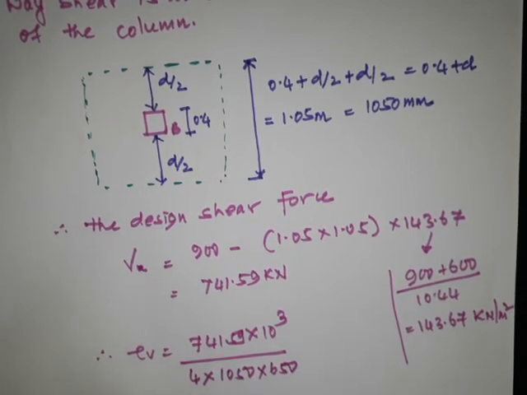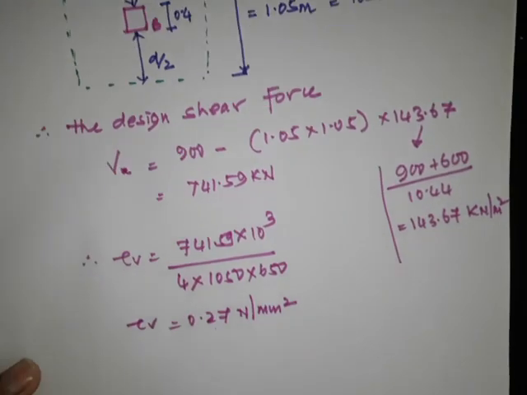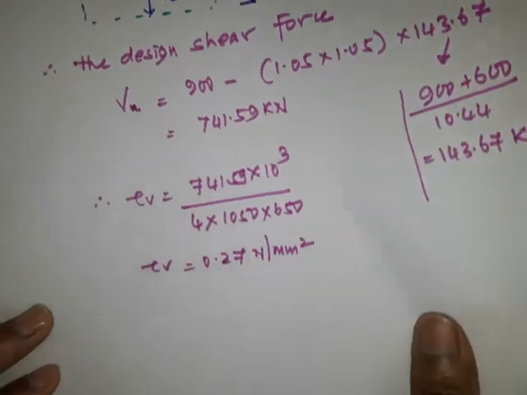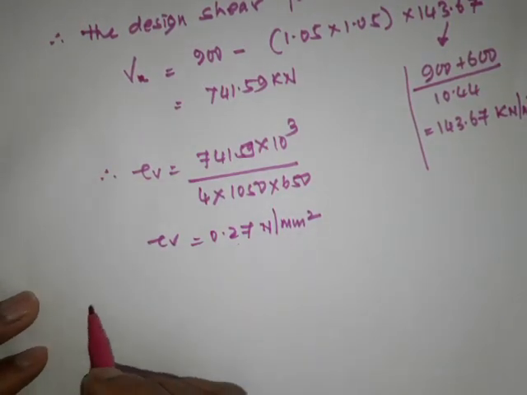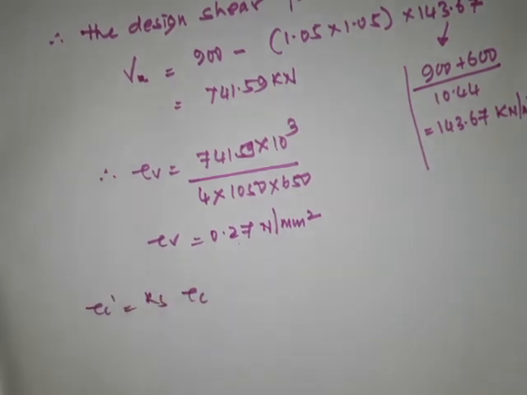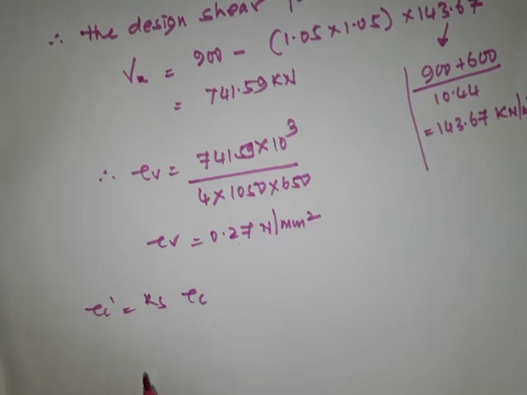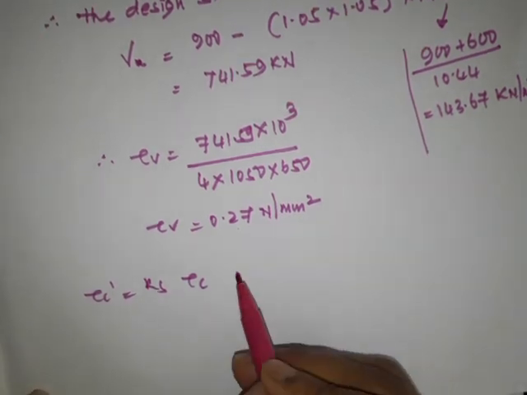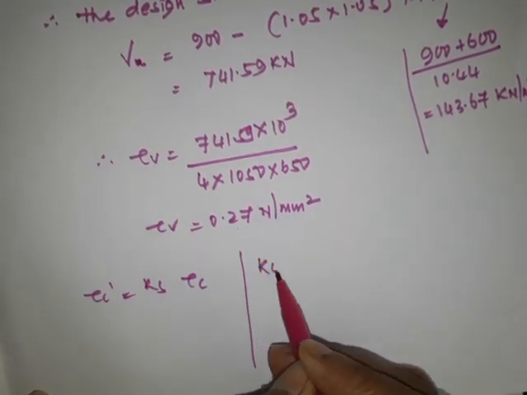So we will get tau V is equal to 0.27 Newton per mm square. Okay, tau V. Now we have to check for permissible shear stress. Tau C dash is equal to Ks into tau C. So we have to find out here one by one.